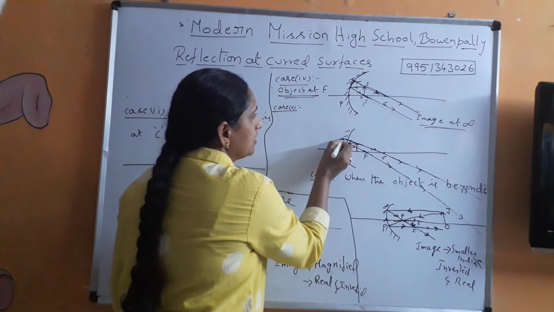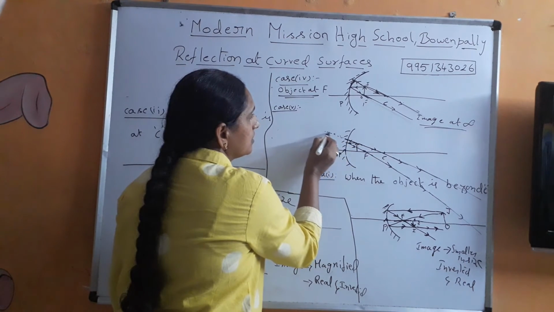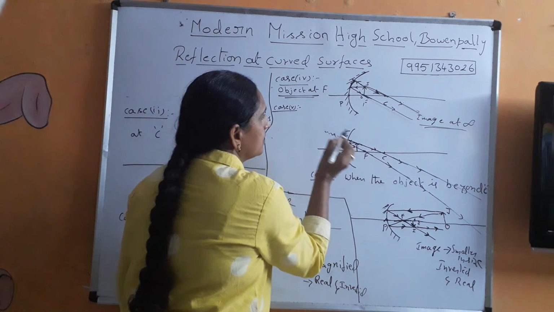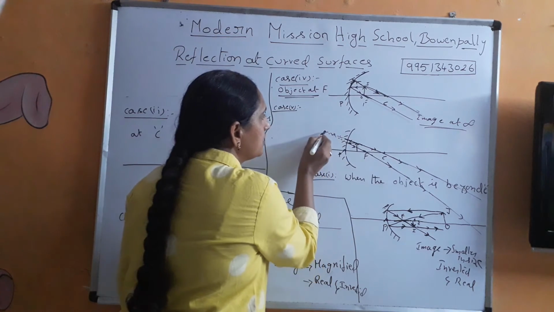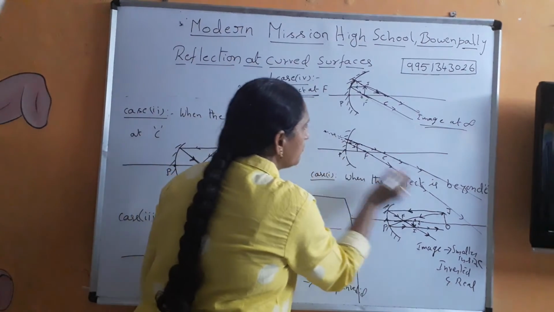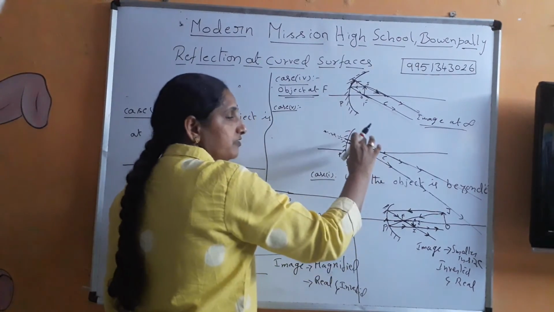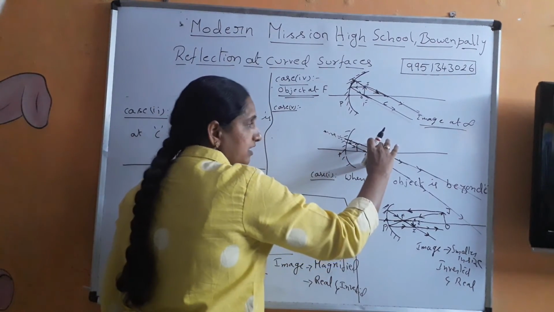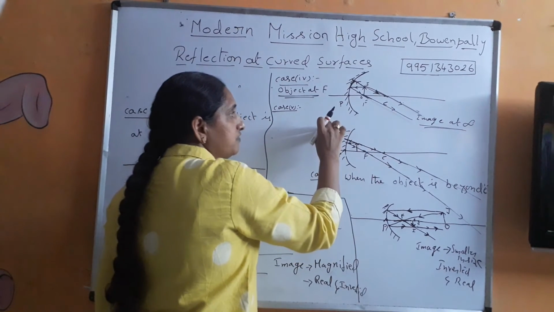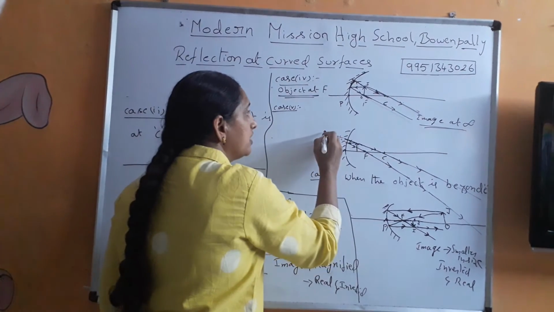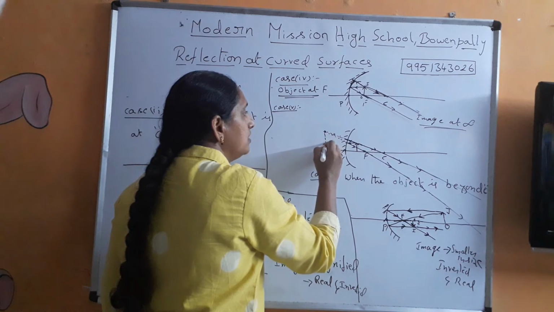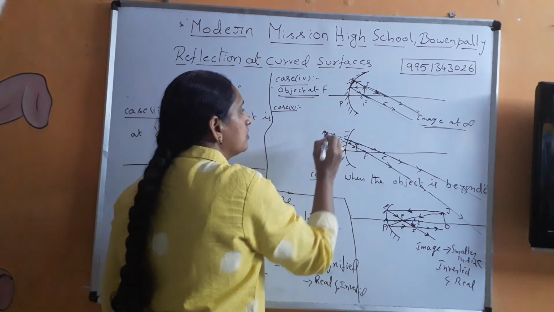Let us extend this with dotted lines like this. See from where they seem to be coming. They seem to be coming from here. When we look at these rays, we feel as if the rays are coming from this point. So here is the image formed.